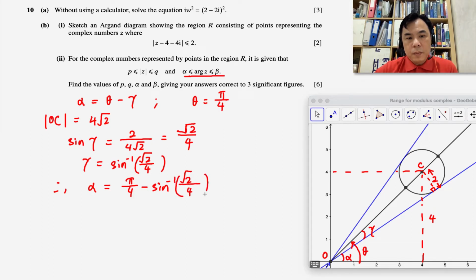Now, if you would like to leave it as it is, you can. But because the question says three significant figures, we have to work out the actual angle in this case. All right, so let's give that a try. Let me try using my calculator here. I'm going to get that as root 2 divided by 4 here, and then I need to convert that to radian measure.